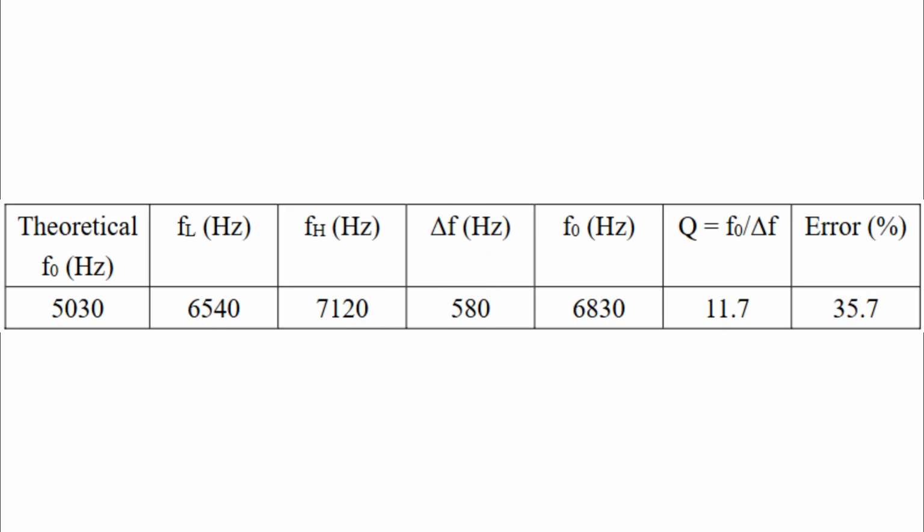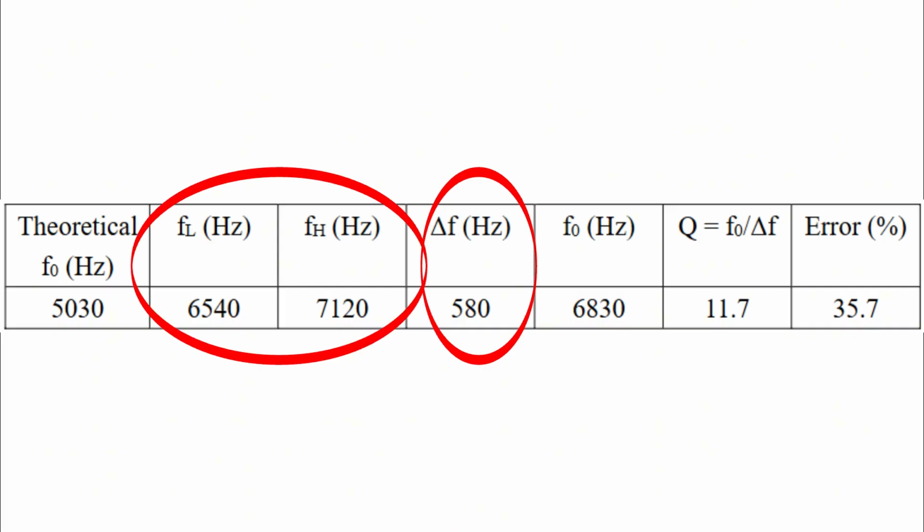The lower cutoff frequency FL was measured to be approximately 6,540 Hz, and the upper cutoff frequency FH was approximately 7,120 Hz. The bandwidth of the bandpass filter is defined as the difference between these two cutoff frequencies. Using the experimental values, the bandwidth ΔF is 7,120 minus 6,540, which equals 580 Hz.